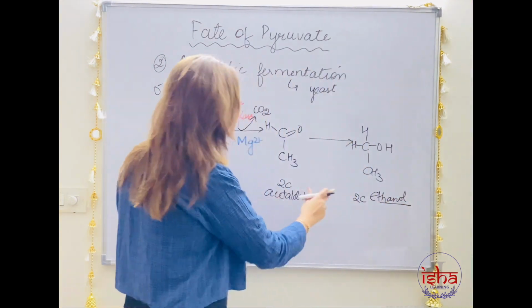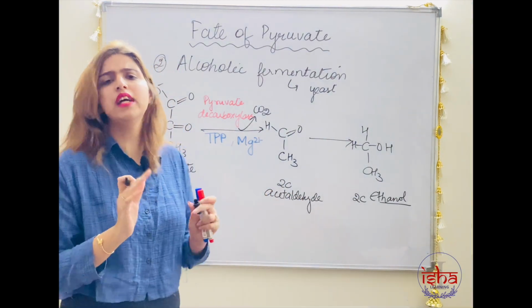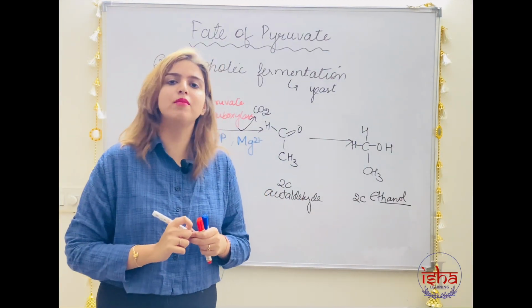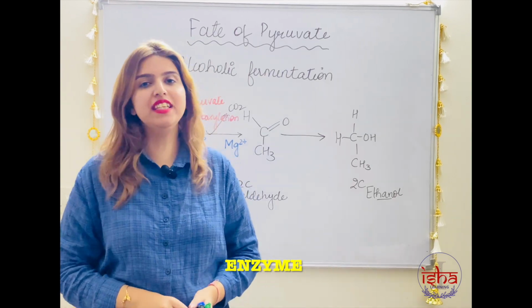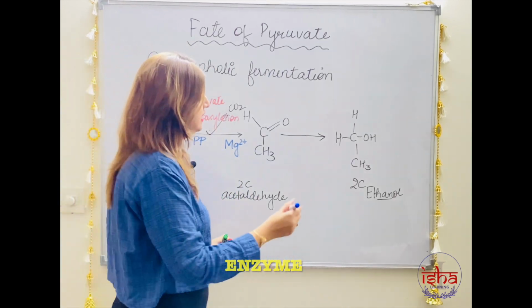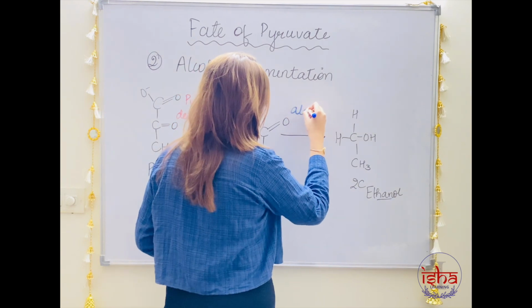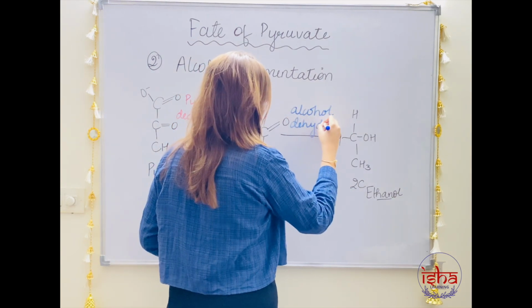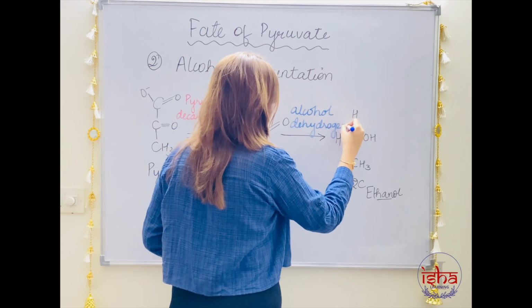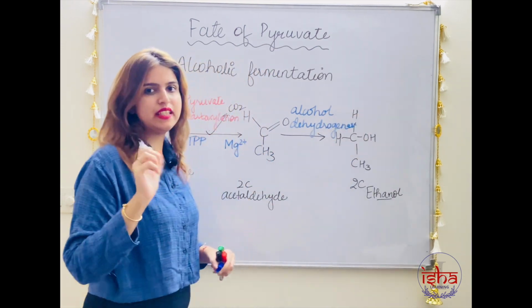Now here 2 carbon to 2 carbon, so no need of any carbon removal, no carbon dioxide. What could be the enzyme involved here? Well, the enzyme over here is called alcohol dehydrogenase. What is the meaning of this name? You see carefully.